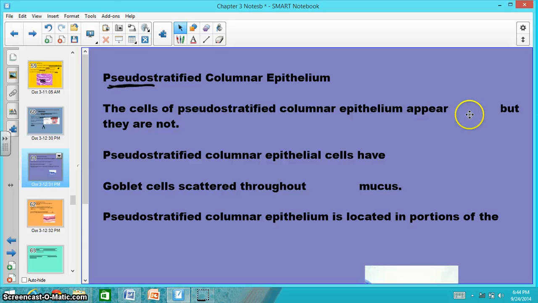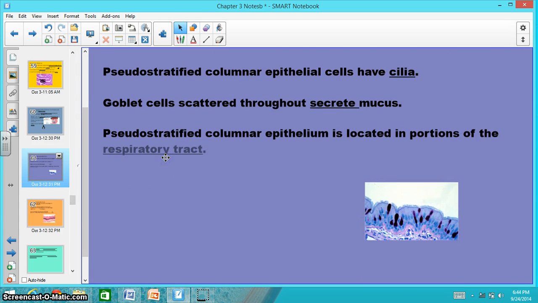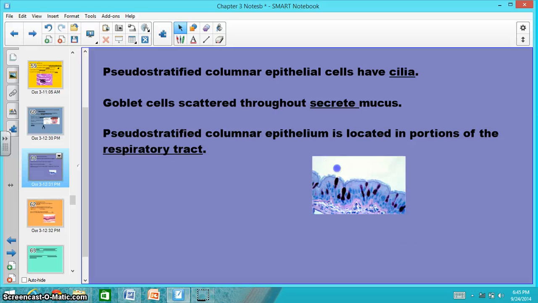The reason for that is because of their nuclei. Some of them are low, some of them are higher in the cell. They have goblet cells. A lot of times they're ciliated. And you're going to find them in portions of your respiratory tract. Cilia are important to help get dust and particles that you may have inhaled back out of your lungs.